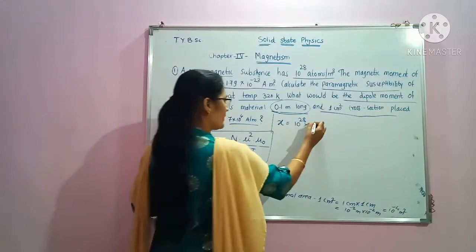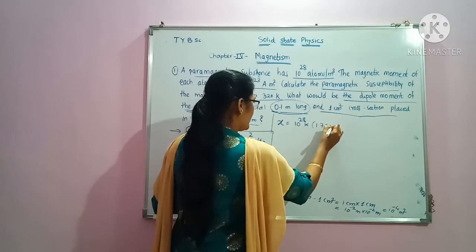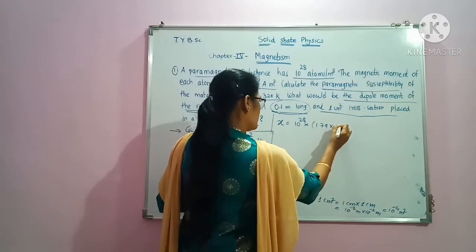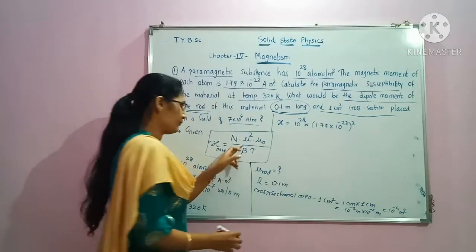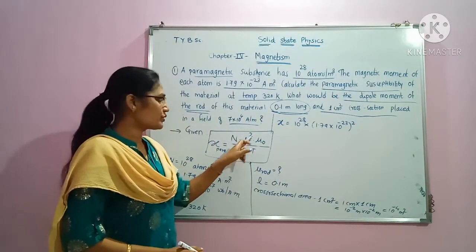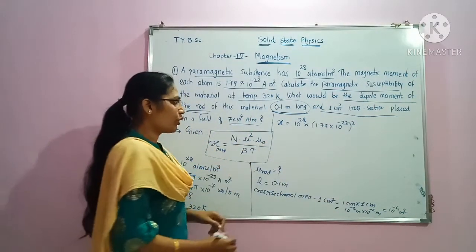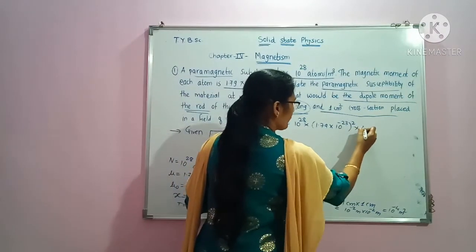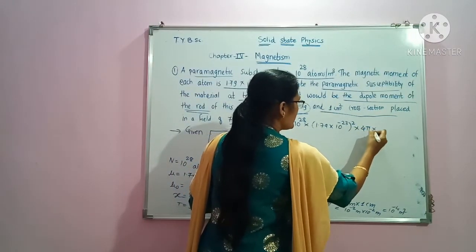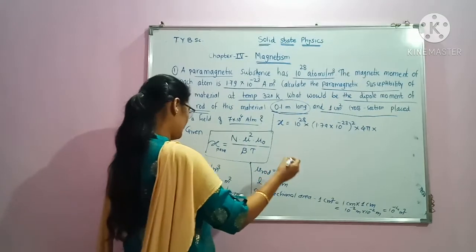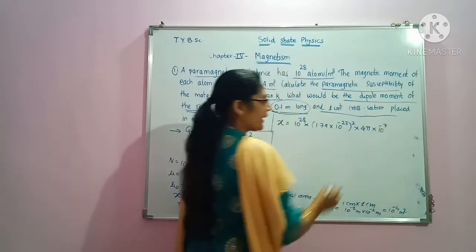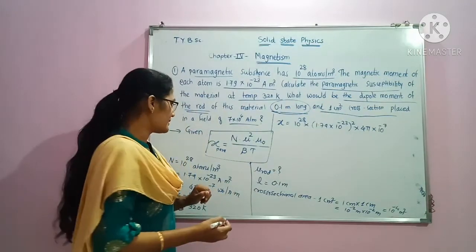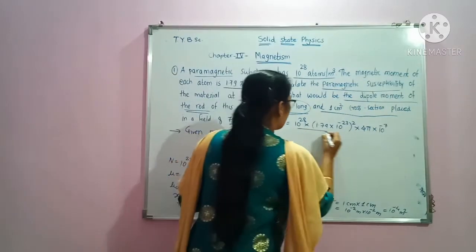Value of mu is given as (1.79 into 10 raised to minus 23) whole square, because here it is mu square. Now mu naught is a constant. Sometimes it is given, sometimes you have to remember the value of mu naught as 4 pi into 10 raised to minus 7. Now divided by B.